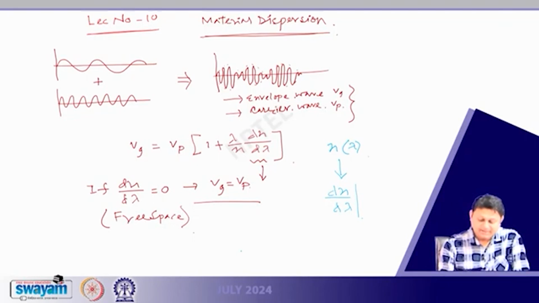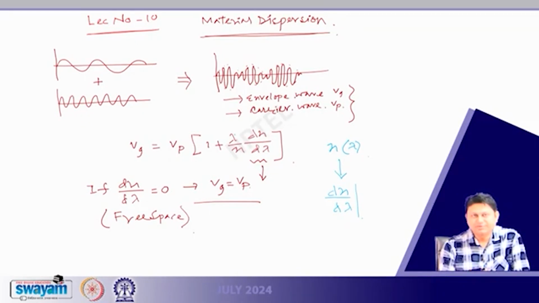Note that since n is a function of lambda, this value is not a constant, rather it is a function of lambda itself. So that means Vg will be a function of lambda as well. It is already shown here that Vg is a function of lambda because it is sitting here.